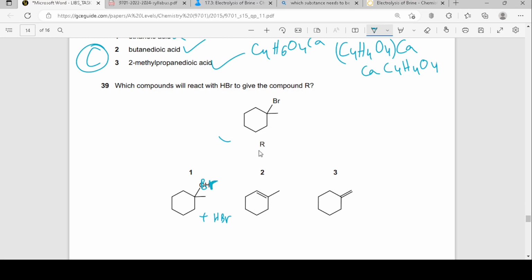And so that works. This would give you compound R basically. That's right. And if I look at the second one, if I reacted with HBr, I could get my hydrogen substituted there and my bromine substituted here, which is basically the compound that they're talking about, which is right. So I would say that this is also right.